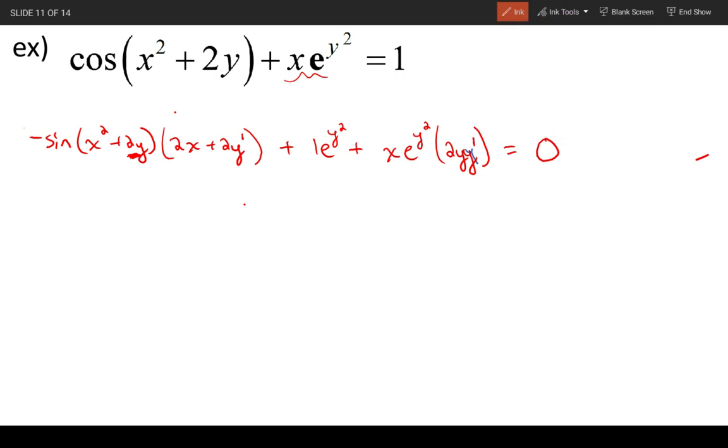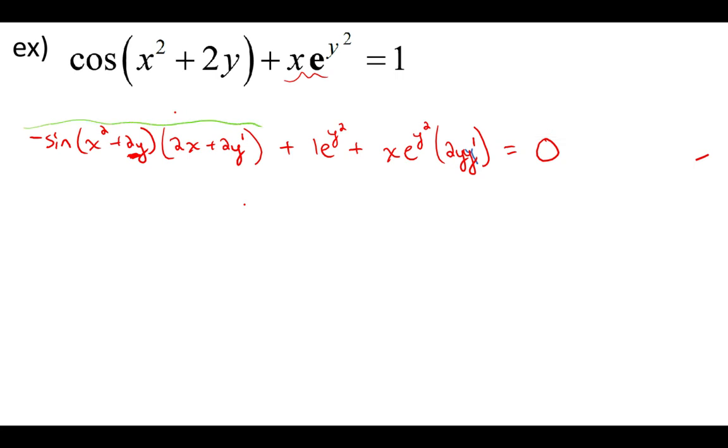With this first term here, what we're actually going to want to do is go ahead and distribute. So I'm going to multiply this times that. We're going to distribute this whole big first term times both of these. Again, it won't look pretty, but let's do it. We'll get negative 2x sine of x squared plus 2y. Notice that is not a y prime term.